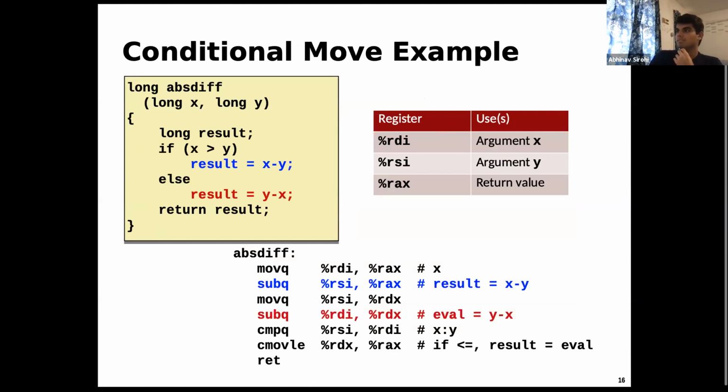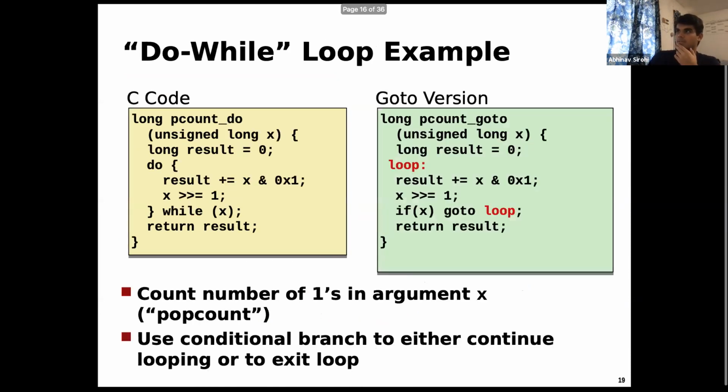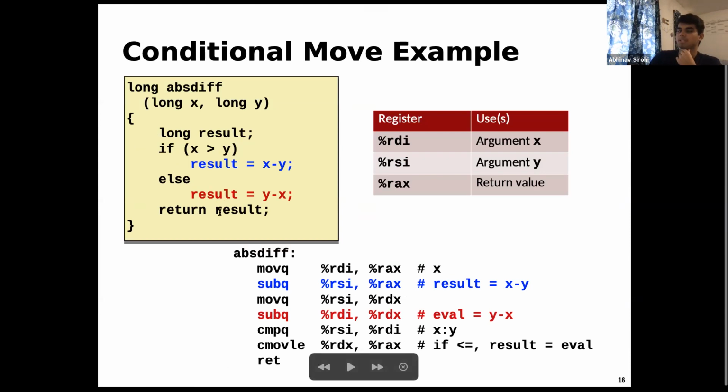And then we translate the go-to code that we have, or this conditional move code that we have, into assembly. So what's happening here is, we have RDI contains our argument x, RSI contains argument y, and RAX will be our return value by convention.